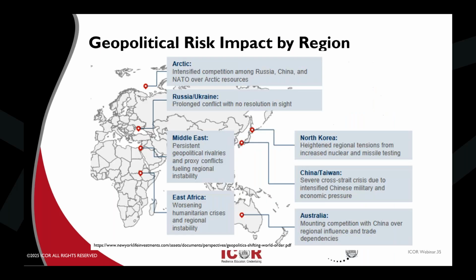And then I'll say the other side of the world, or maybe your side of the world, the Arctic itself, where you see intensified competition between Russia, China, and NATO over Arctic resources. We don't see any sort of resolution in sight for the Russia-Ukraine war. In the Middle East, we're continuing to see rivalries and proxy conflicts fueling regional instability.